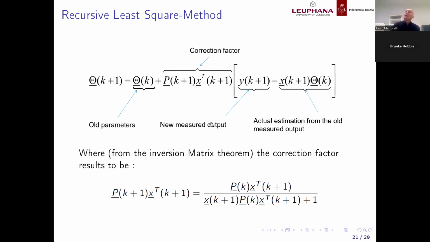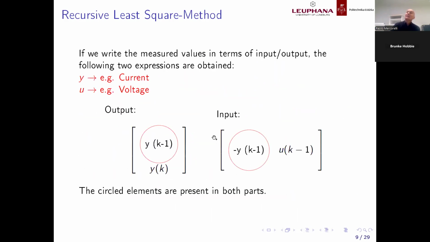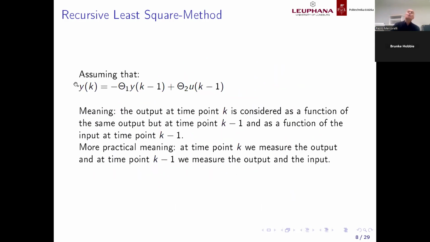Because look here again, if we want to model a system with this structure, we will see which kind of system we can represent in this form. We see it in the dynamics, because the output of today is a function of the output of yesterday and the input of yesterday.